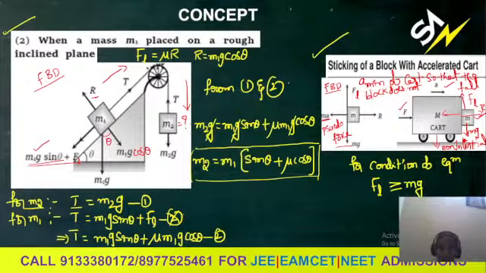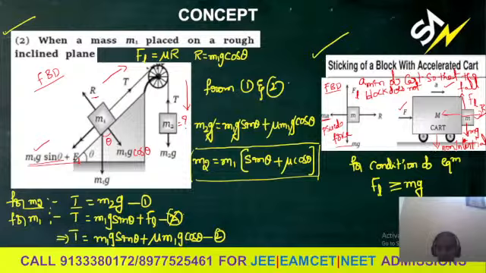Then only it can be at rest. When the cart is accelerating, for the equilibrium state of the block on the face of the cart, the maximum frictional force that develops should be balanced by its weight, or it can be greater, but it should not be less. If it is less, the block has the tendency to move down.